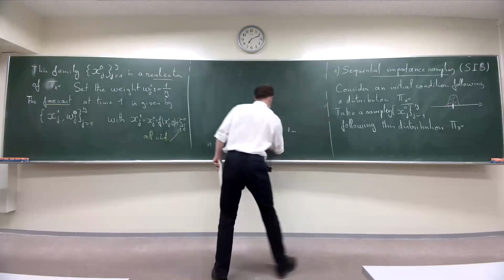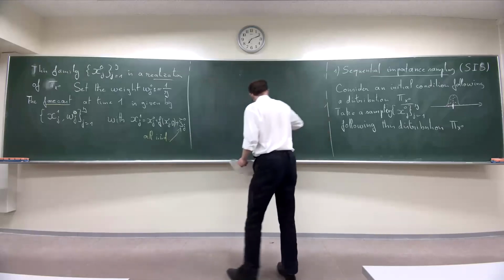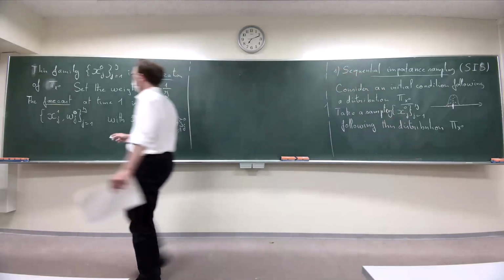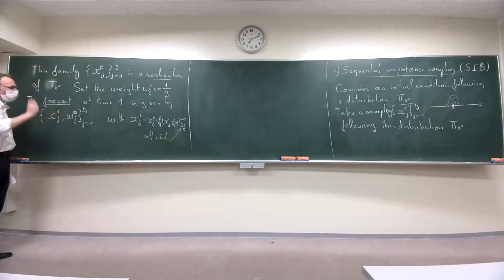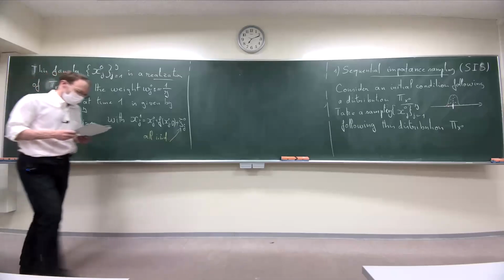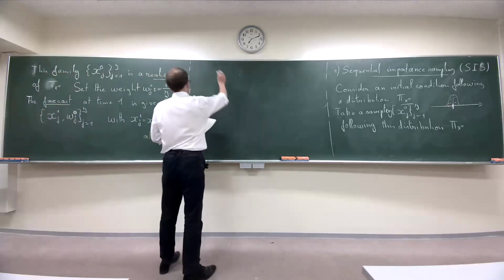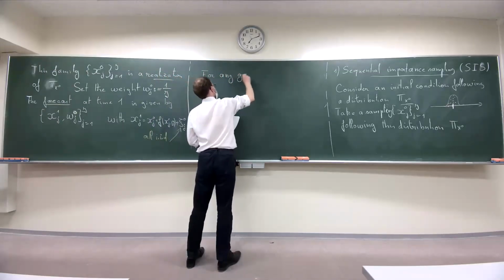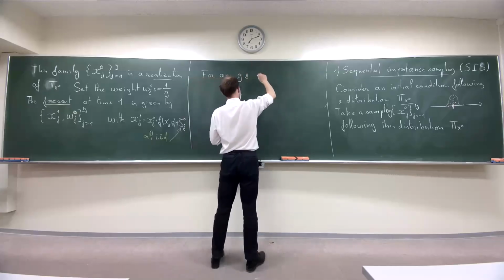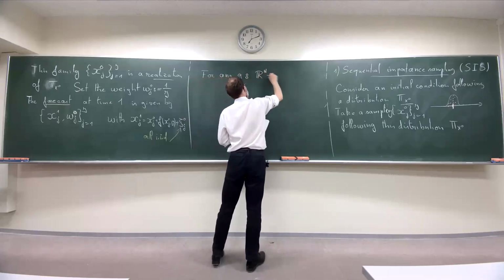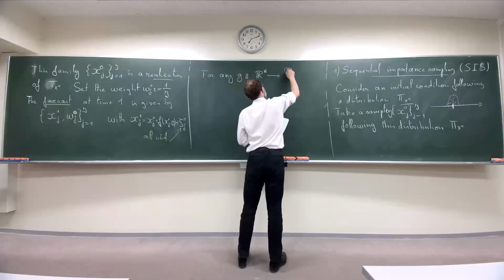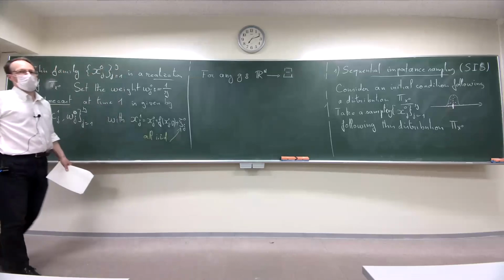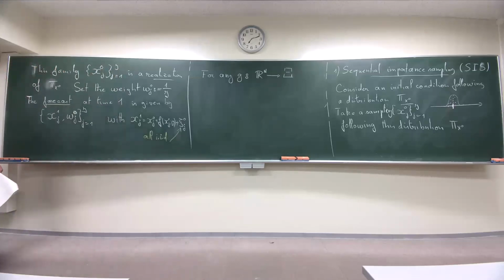And now, what I can do with this? So I have a family of points with a family of weights. These weights are not so interesting, but anyway, they will be more interesting in the future. For any g from R^n to, remember I use this because I don't know if it is an R or if it is R^n or a vector or matrix.